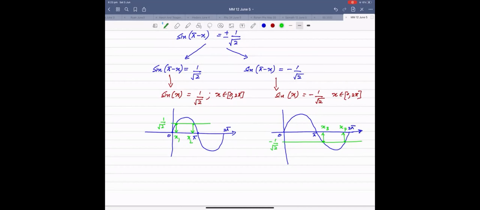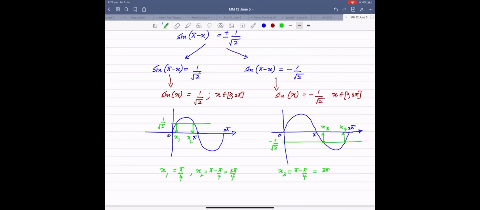So now x1, I'm not going to teach you how to do that, you know that already. x1 is from the table, it's going to be pi divided by 4. x2 would be pi minus pi divided by 4, which is 3 pi divided by 4. x3 would be pi plus pi divided by 4.